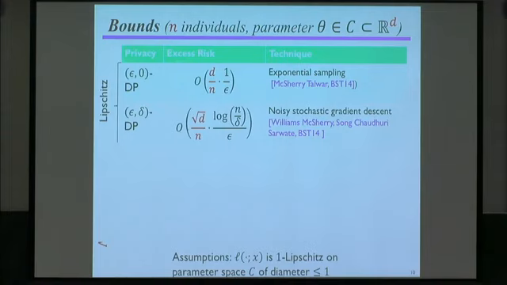And these are, as I said, worst case bounds, and they're bounds on the empirical risk. It turns out, on typical data sets, they seem to do better, although we don't necessarily have a really good understanding of when and why.